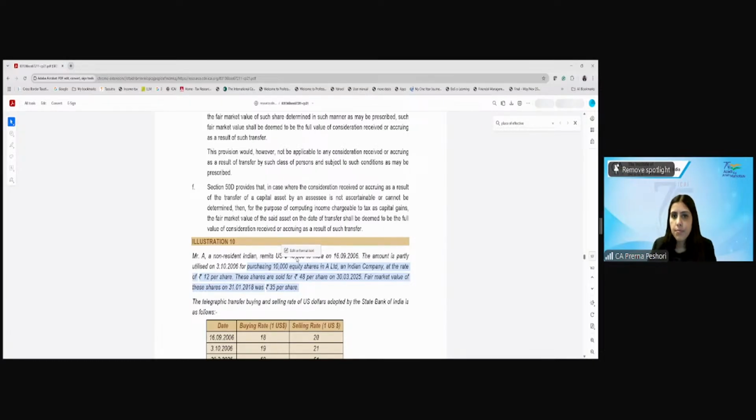Yes. So when the shares are listed on a recognized stock exchange, yes, in that particular case, which section becomes applicable for long-term capital gain?